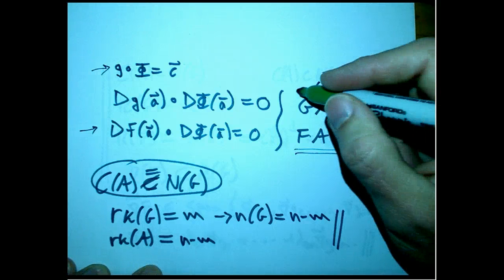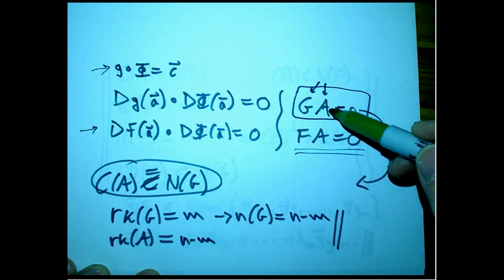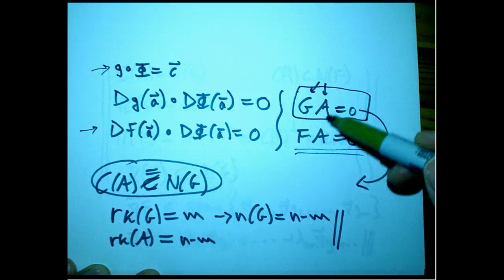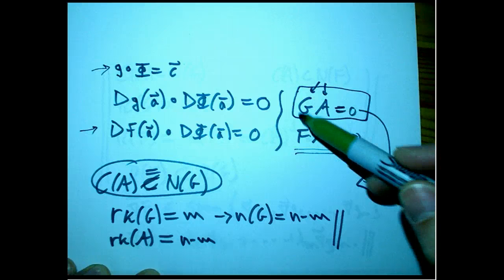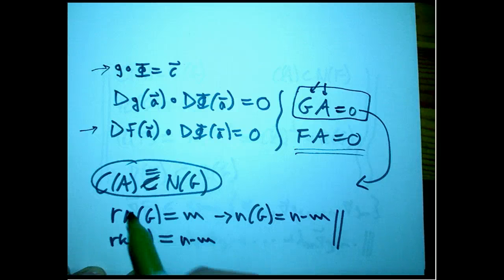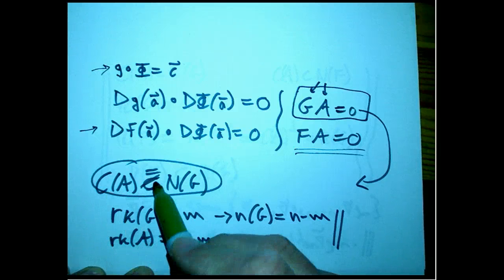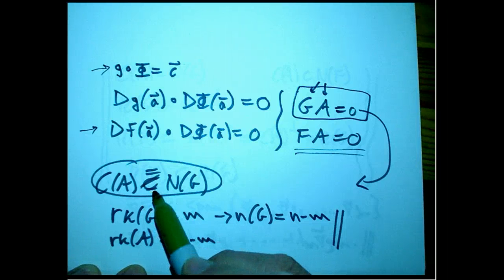Okay, so as before in that second example, one of the crucial things is that this means that every output of A, or in other words, every column of A, is killed by G, or in other words, when dot producted with the rows of G, you get 0. So one way to say that is the column space of A is sitting inside the null space of G. Now you'll notice that I already went through this before.